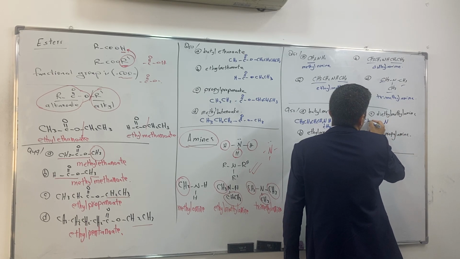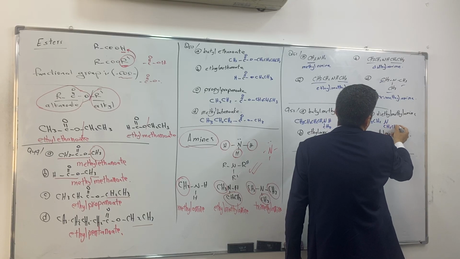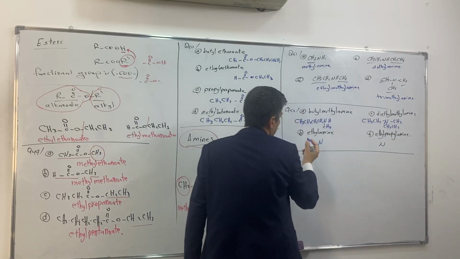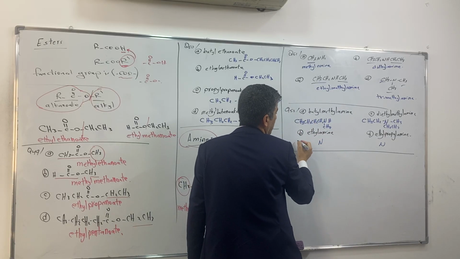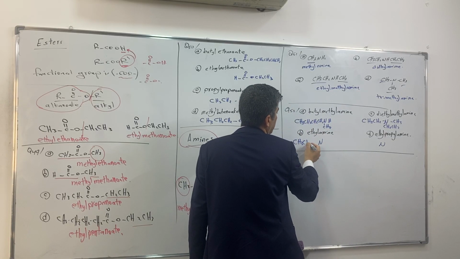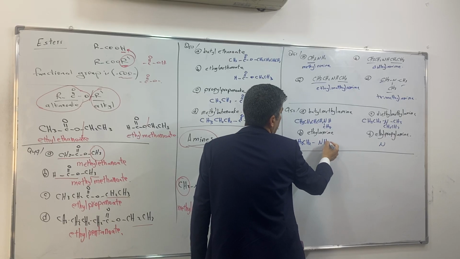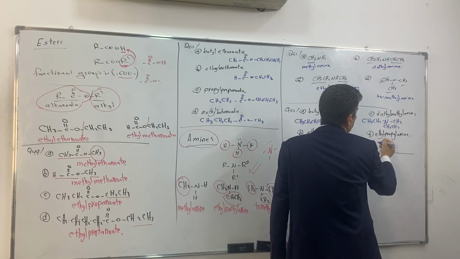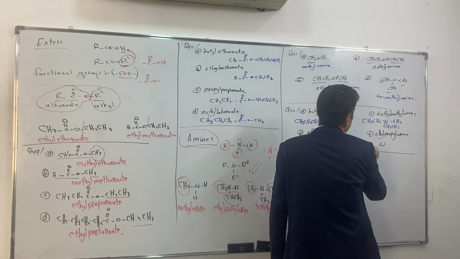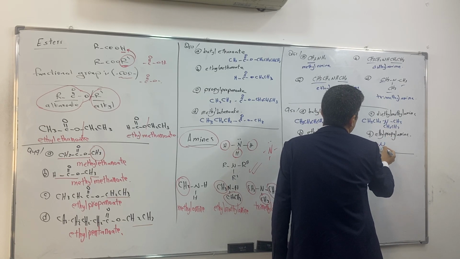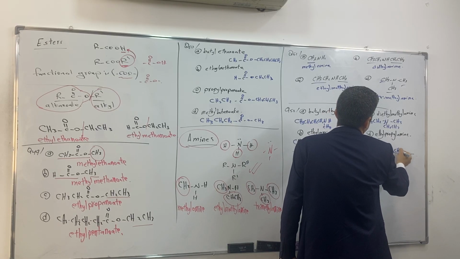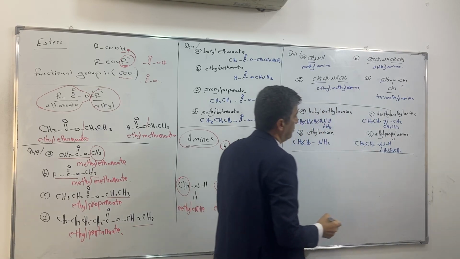We have a diethyl group here and a methyl group here. This compound is ethylamine: we have an ethyl group, 2 carbon atoms, and 2 hydrogens connected with nitrogen. Ethyl propylamine: ethyl group with 2 carbon atoms, propyl with 3 carbon atoms, and here we have hydrogen.